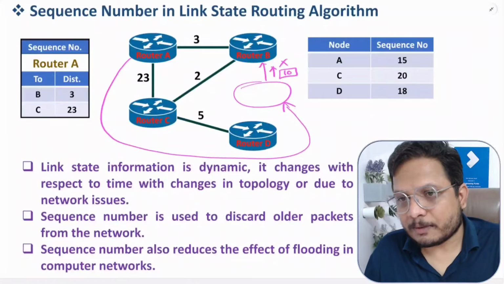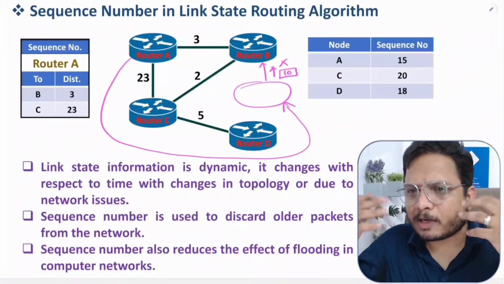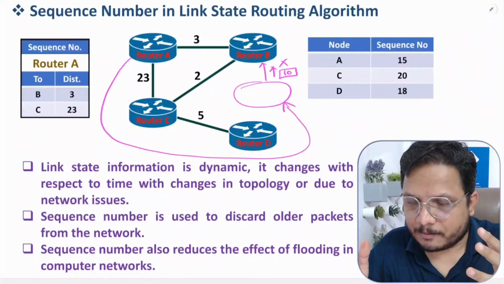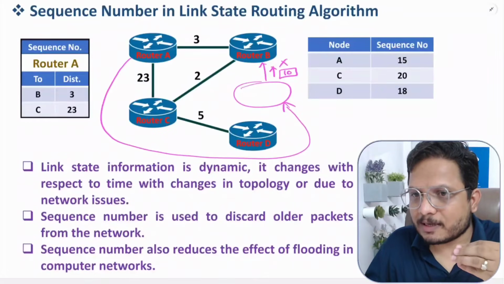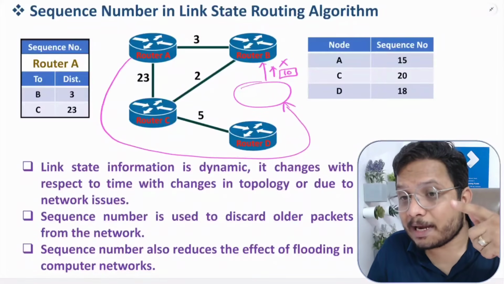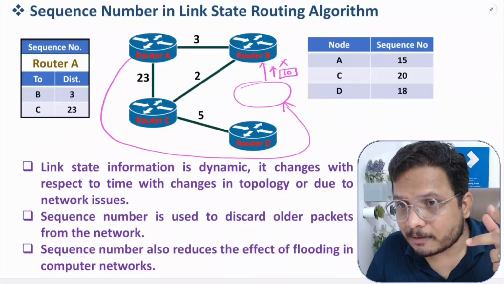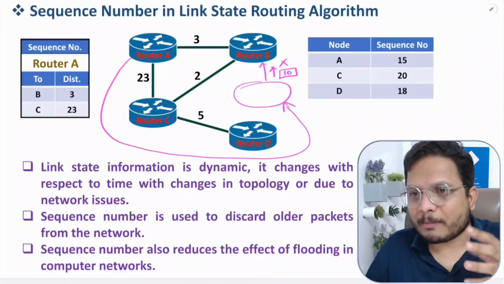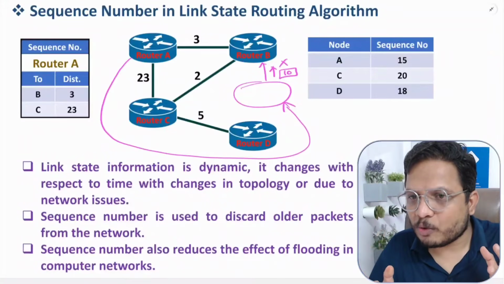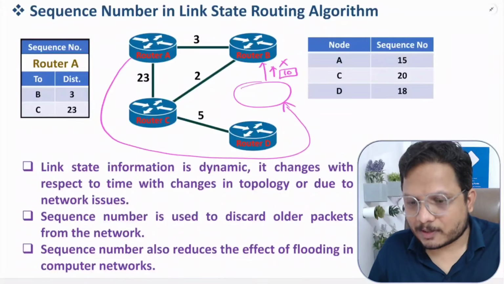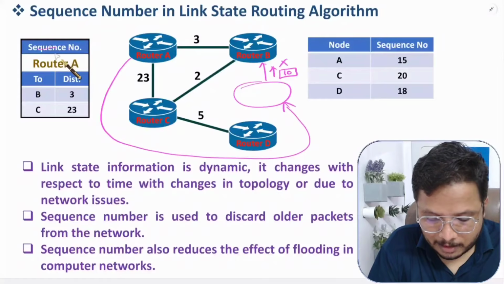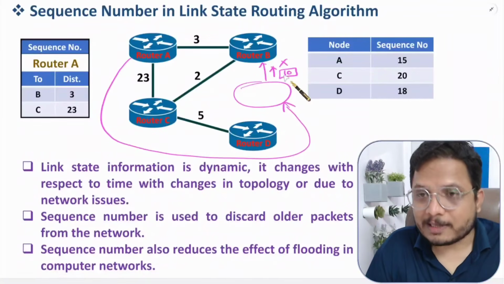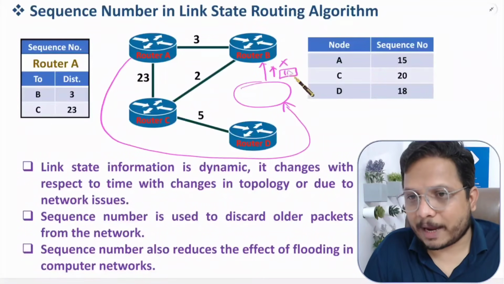The reason is, continuously all the routers are sharing their link state. So it is but obvious that after some time you may get an older packet again, and if you re-forward that, then this entire computer network will get too congested. So with a sequence number, all you can do is simply discard older packets.